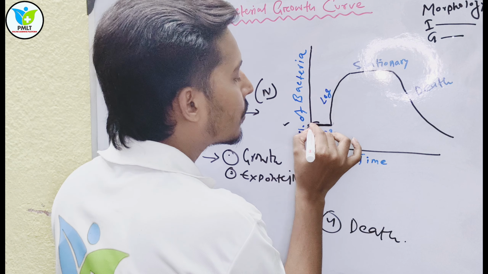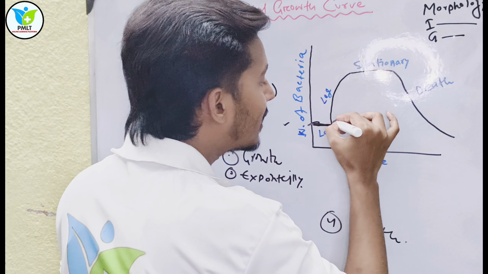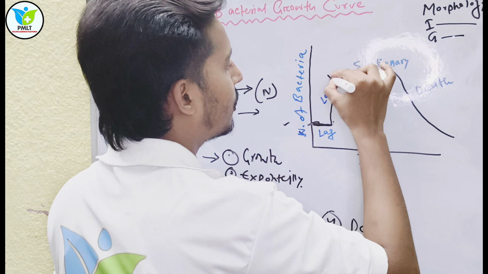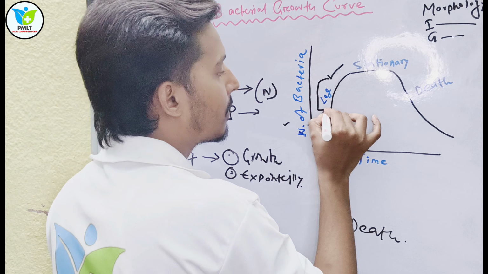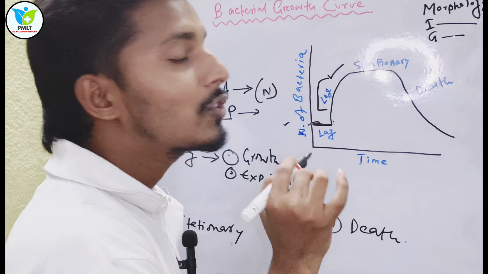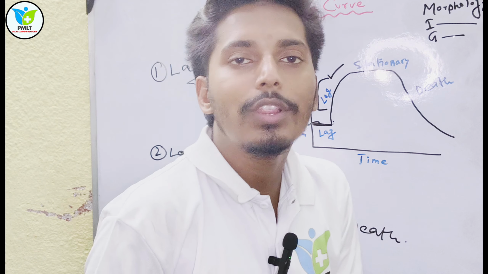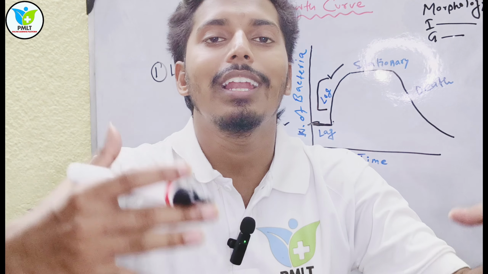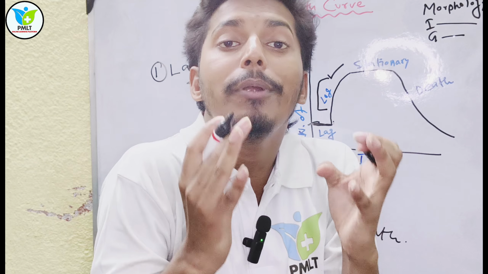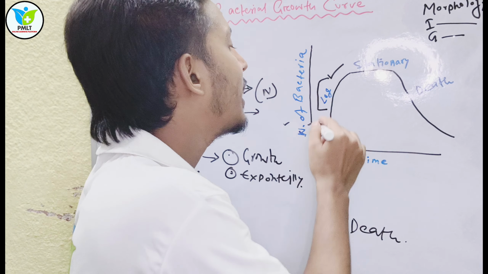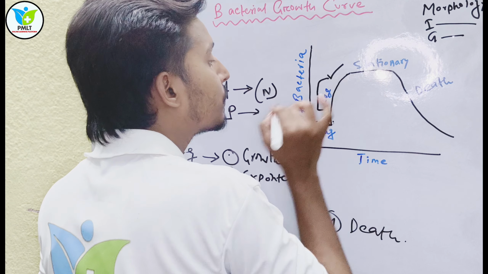In the lag phase there is no bacterial growth, but here bacteria grow. If you are noticing the curve, here the bacteria grow. Here the bacterial growth is occurring exponentially. The maximum growth is occurring within the log phase.